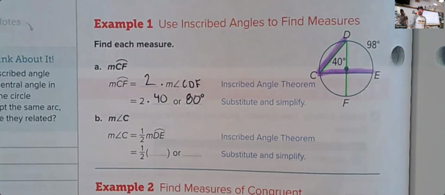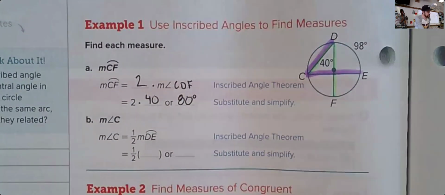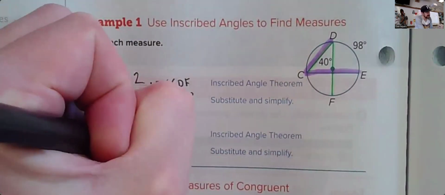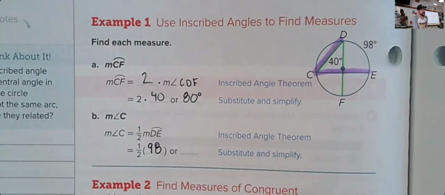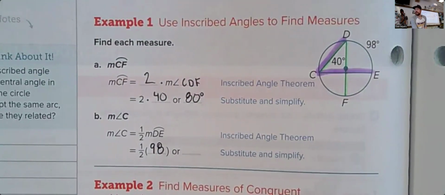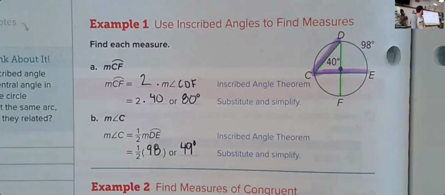We know the amount of degrees that arc DE is, so angle C is half that. So this is going to be half the measure of arc DE, which is half of 98. So how many degrees is angle C? 49. There you go, 49 degrees.